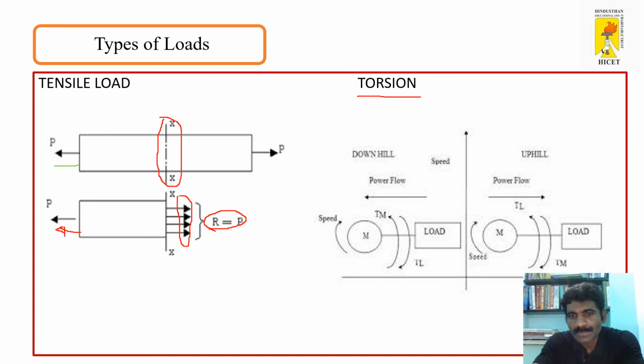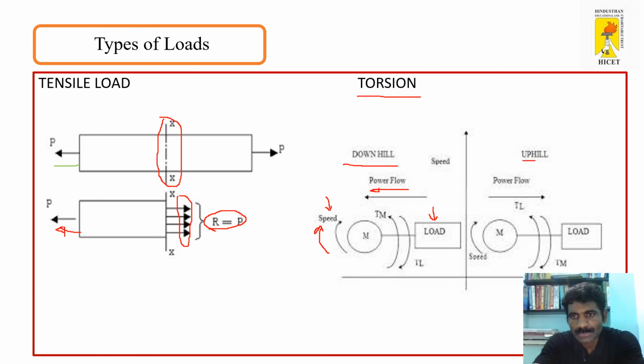If the whole system is moving downhill, it is well understood that the load is very less and the torsion is also very less, and the speed of the motor increases and the power flow actually decreases. The effort of the motor decreases here and it easily drives the load downhill.